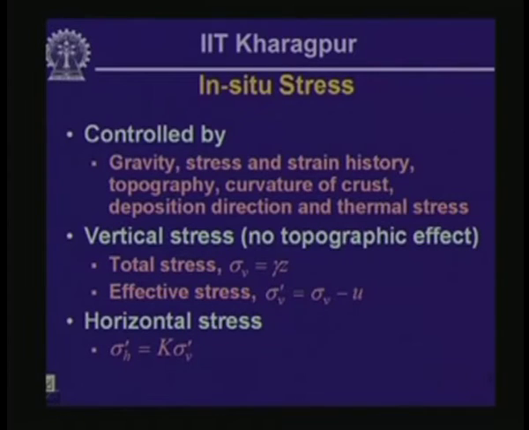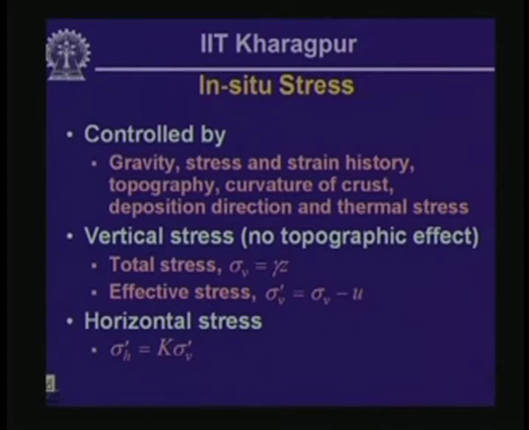Then we can also introduce another term which is the effective stress, and as we know, effective stress is simply equal to the total stress minus the water pressure that is acting on the element. What we are neglecting here is the topographic effect, and what we are also neglecting when we are using this definition of effective stress is that there is no movement of groundwater.